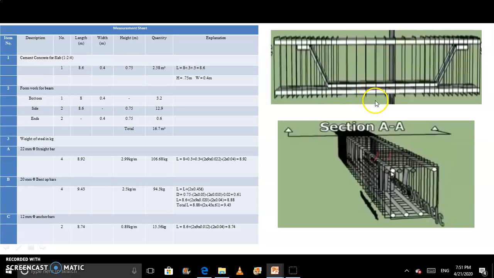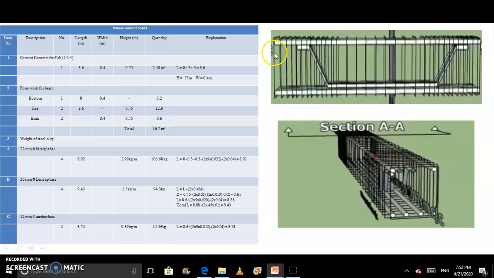So we take 8 meter, and the wall width is 0.3 meter and 0.3 meter, so the total length is 8.6 meter. But in this value we have to calculate the hook value also, because we have to provide a hook here and a hook here. So the formula for hook is 2 into 9 into d. So here we provide 2 into 9 into d.